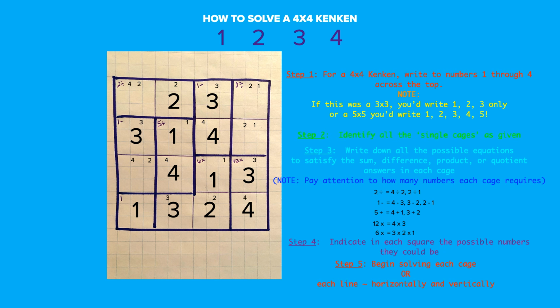The next thing I'm going to notice is that in my top left cage, my quotient of 2, I have a 2. So it's not 4 divided by 2 or 2 divided by 2. Well, 2 divided by 2 is 1, so it cannot be 2. It must be 4. So I'll get rid of that 2 and I'll drop my 4 in there. And so now the first column, by process of elimination, I have a 4 in that top square.